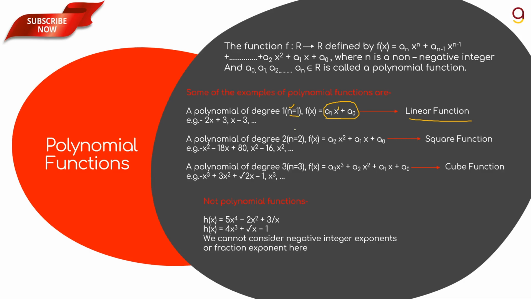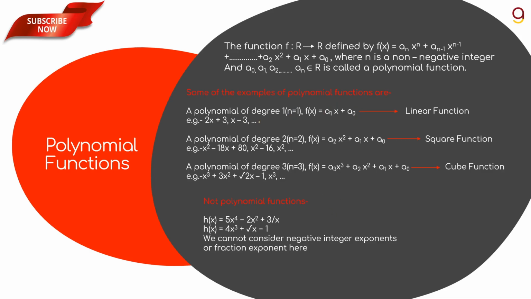So, degree of f(x) is equal to n when the highest power of x is n. And also an important point, the coefficient of x^n is not equal to 0. That is, a_1 cannot be equal to 0. Clear?